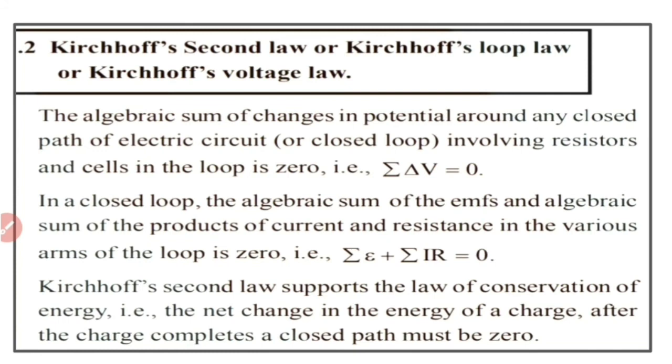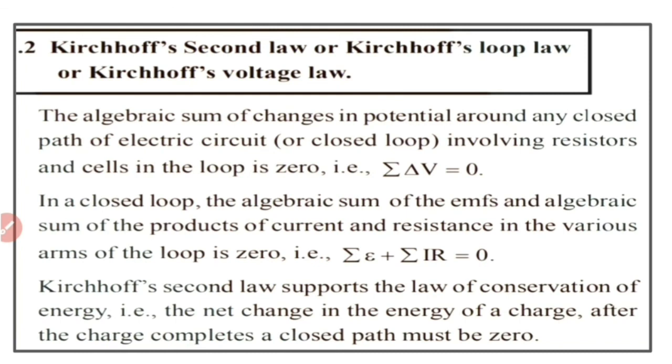In such a circuit, with cells and resistors, the algebraic sum of changes in potential around any closed loop is equal to 0. That's what we mean by Kirchhoff's second law. So we have summation delta V equal to 0.